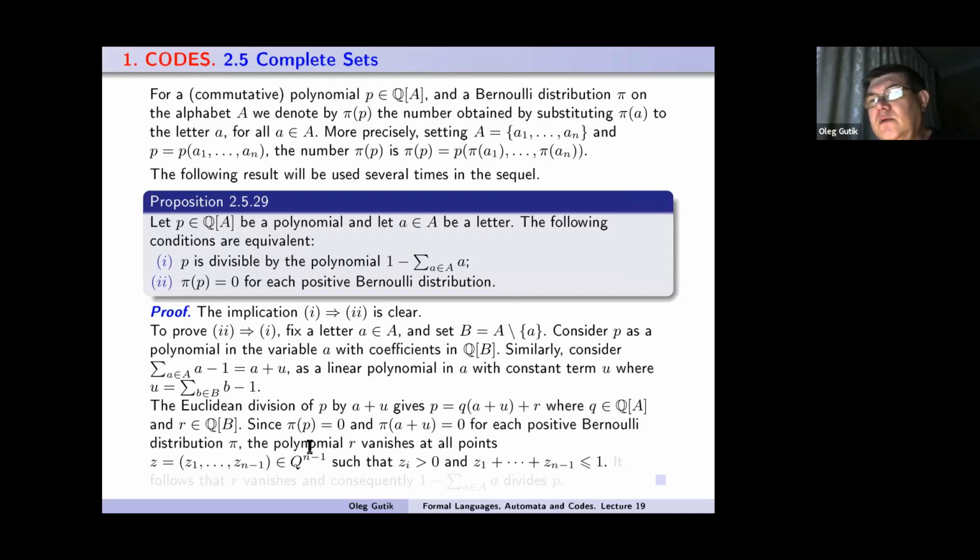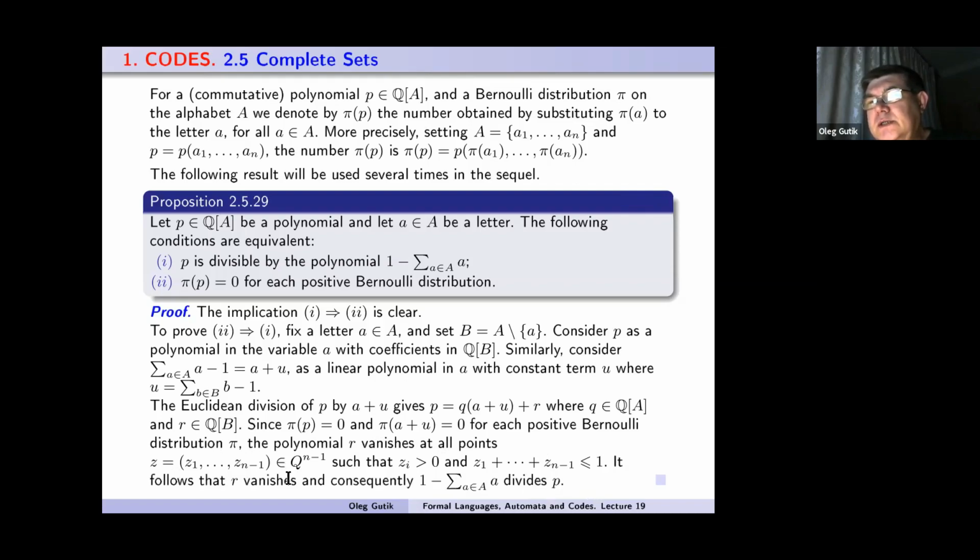Since pi of P is equal to 0 and pi of A plus U is equal to 0, for each positive Bernoulli distribution pi, the polynomial R vanishes at all points Z with coordinates Z1, and so on, Z_{n-1}, which belong to Q capital in the power n minus 1, so that Zi is greater than 0 and Z1 plus, and so on, plus Z_{n-1} is less than or equal to 1.